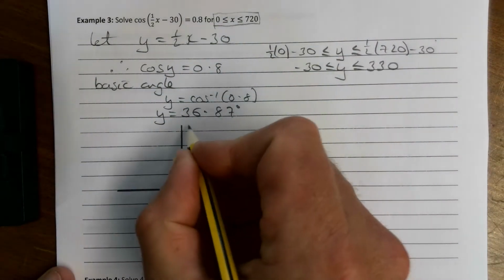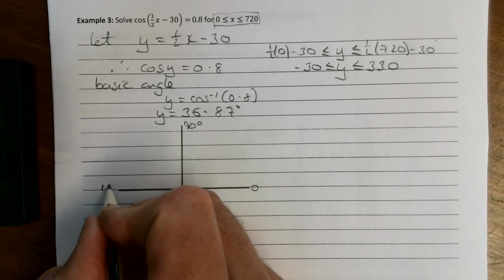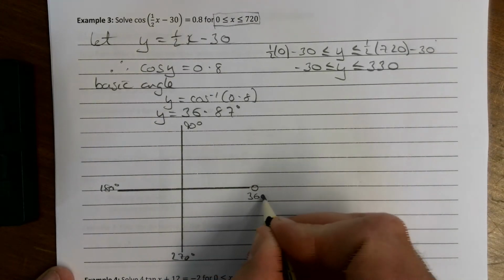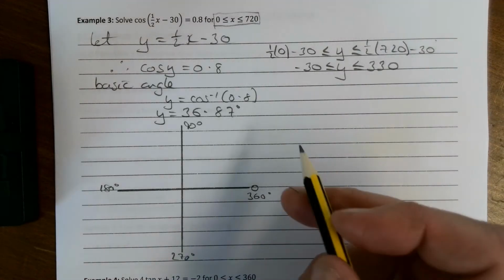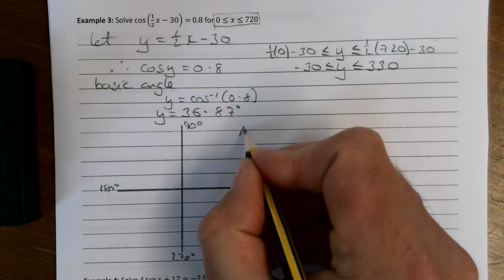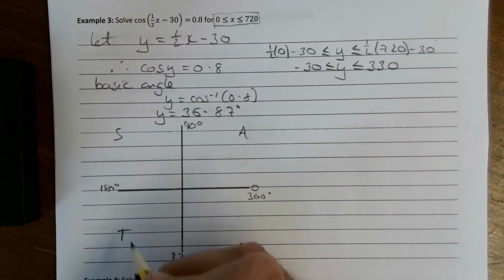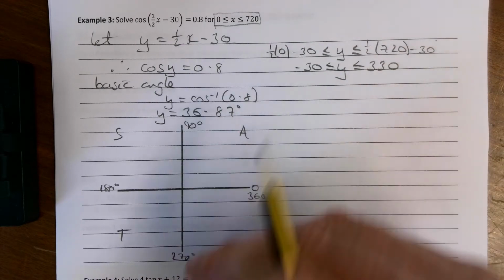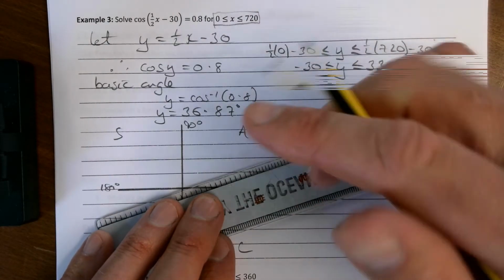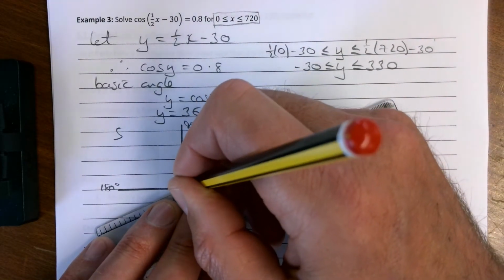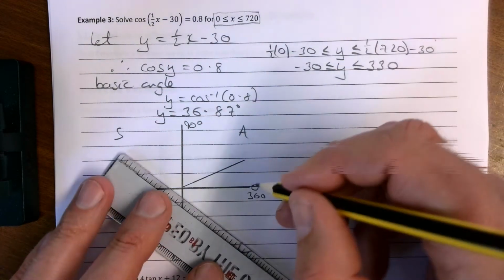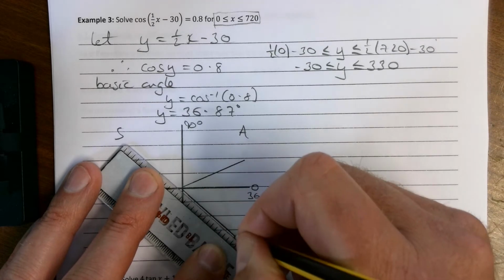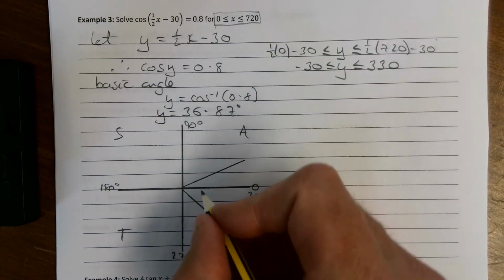So we have 0, 90 degrees, 180 degrees, 270 degrees, 360 degrees, and we are looking for where cos is positive. So cos is positive here and here. So I'm going to do my angle like that, and then a reflection there would be that there. It's not a great angle there, but those are supposed to be the same.